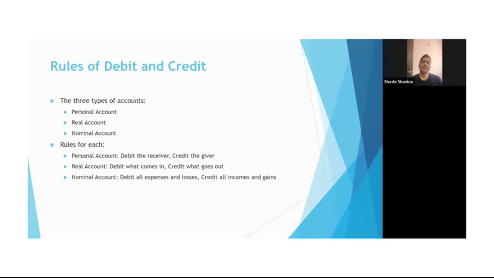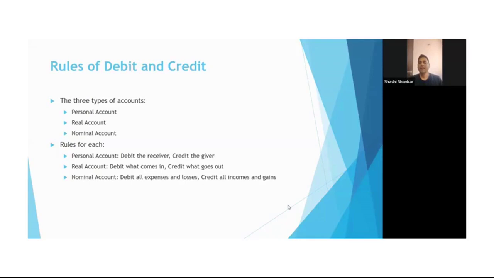The rules for each account: personal account, debit the receiver, credit the giver; real account, debit what comes in, credit what goes out; and nominal account, debit all expenses and losses, credit all incomes and gains. These are the golden rules of accounting, and they are applicable for all transactions based upon their classification.